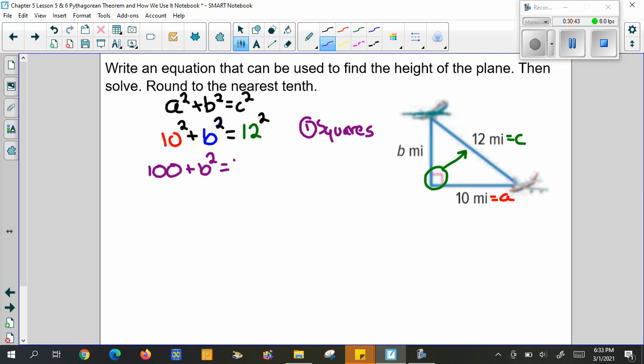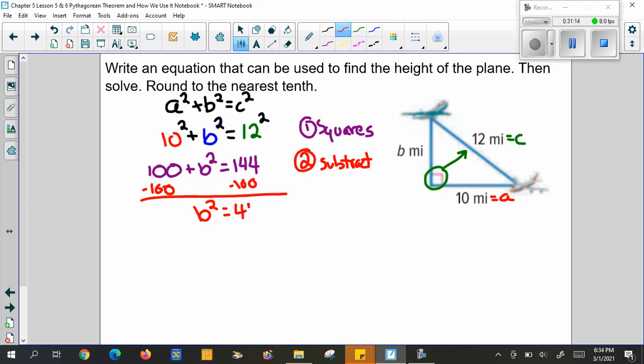And 12 squared is 144. Now, since I'm solving for a leg, that means I must subtract, so I can get the b portion by itself. And I'm left with b squared equals 44.